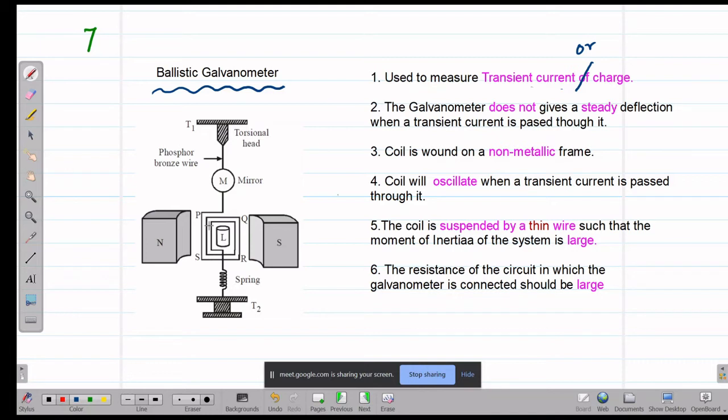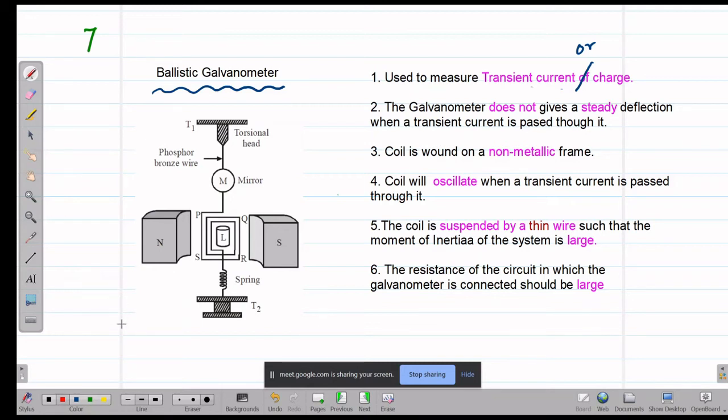As the coil turns, it will turn by an angle. We need to measure by what angle the coil turns, because that angle will be proportional to the current that passes through it for a short time, or proportional to the charge. So how do we measure this angle?